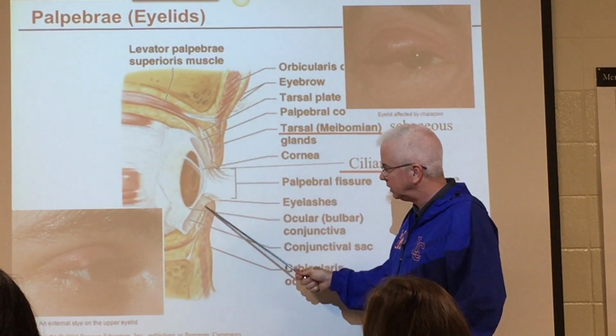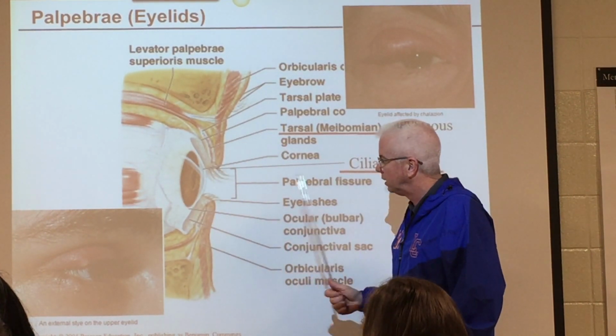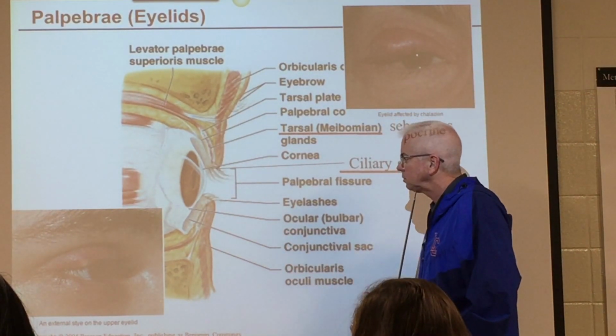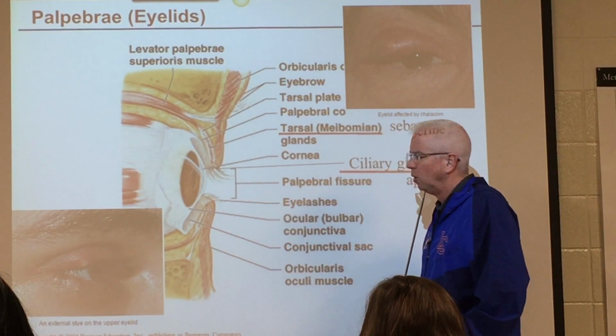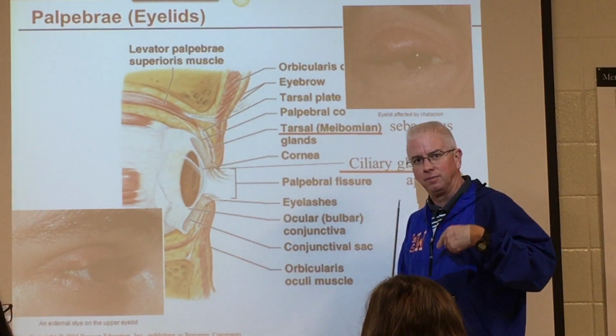Now this conjunctiva inside here serves as a pocket where the contact lenses are. Students have come up to me and said, what happens if I rub my contact lens? Can it go around inside my brain?